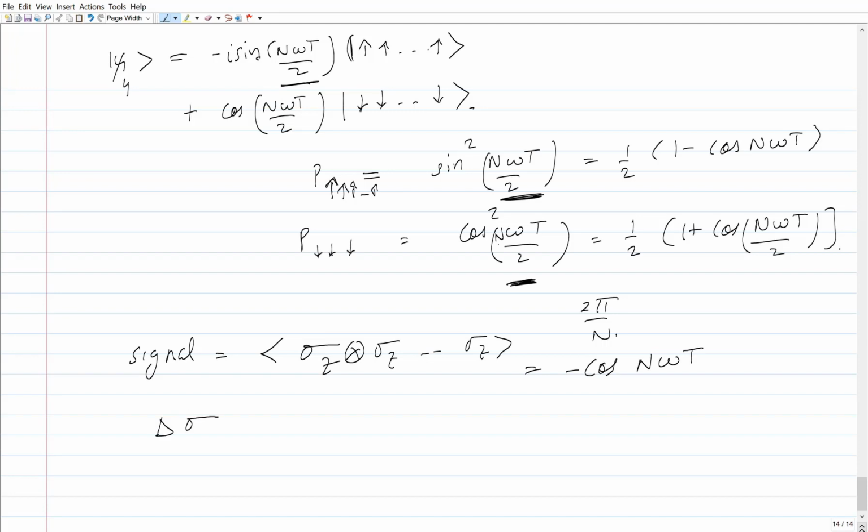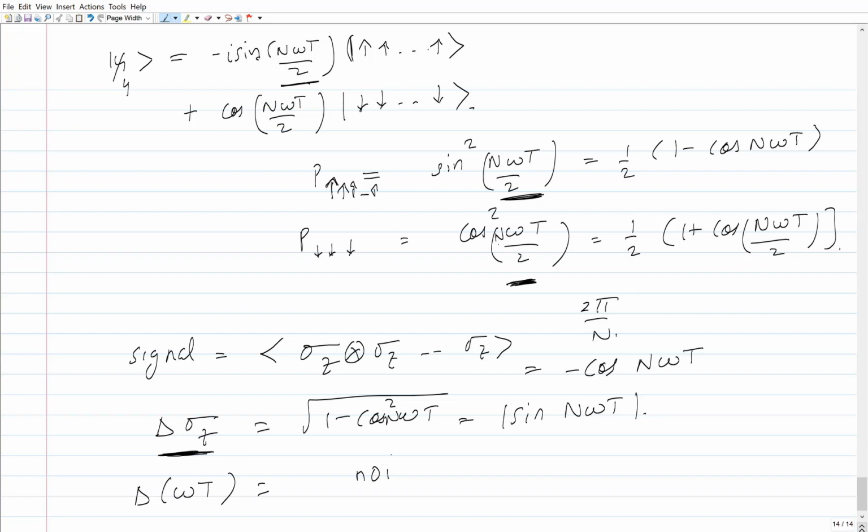How well I am doing, I benchmark by the variance of this guy. That comes out to be sine n omega t. And again, this was the variance of my estimator. I change the units, rescale everything. So what do I get?